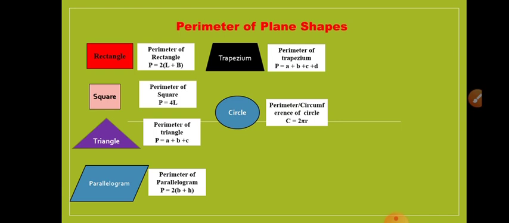We use C to represent it. The pi there is a fixed value, 22/7, and r is the radius of the circle. The radius is the distance from the center of the circle to any edge of the circumference.